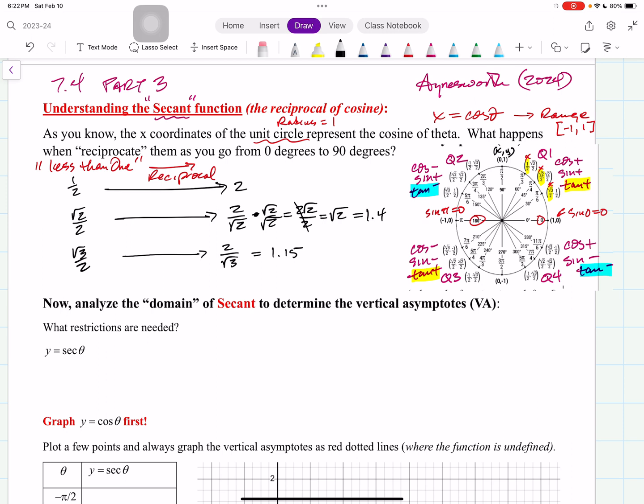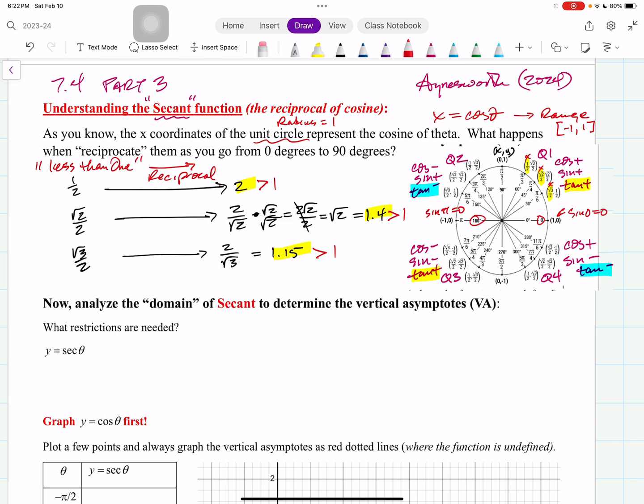And notice that all of these reciprocals that I'm talking about, I go in backwards order here. All of these numbers here are greater than 1. 2 is obviously greater than 1. 1.4 is greater than 1, and 1.15 is greater than 1 right here.